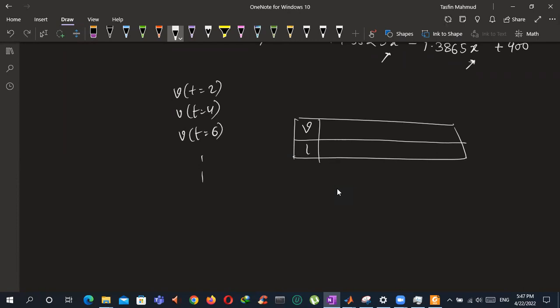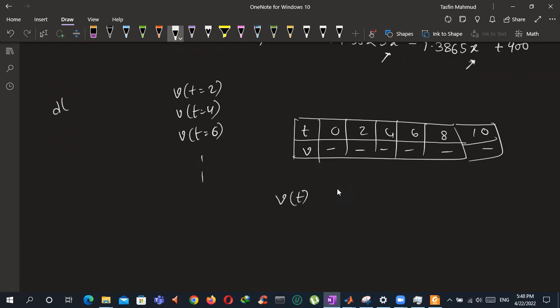So we will get a table for velocity as well, right? For 0, 2, 4, 6, 8, 10 we will get a table for velocity. So after getting these values, you will again have to fit the curve for the velocity v(t).